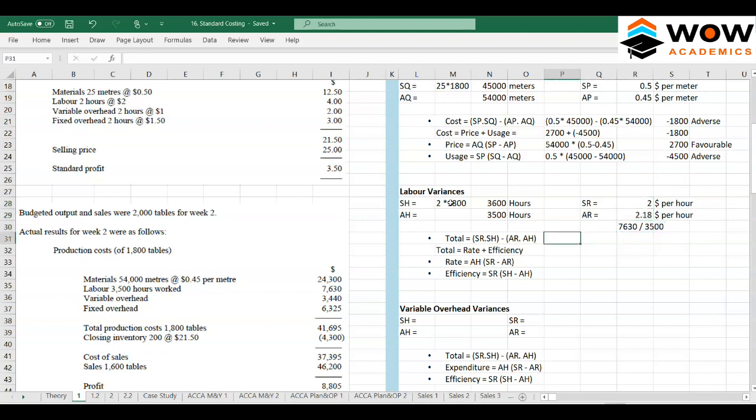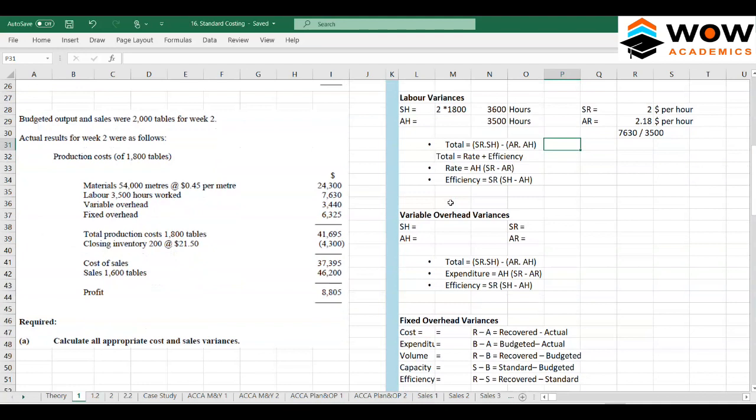Now we will find out the formulas for it and we can get the answer. So SR is 2, SH is 3,600, and again AR is 2.18 into AH is 3,500.